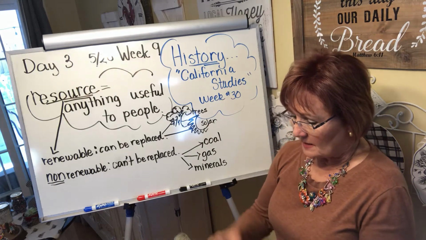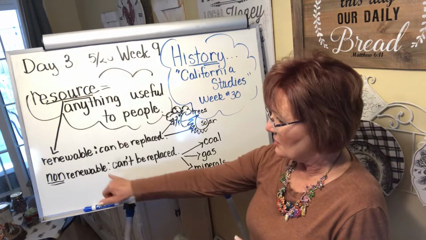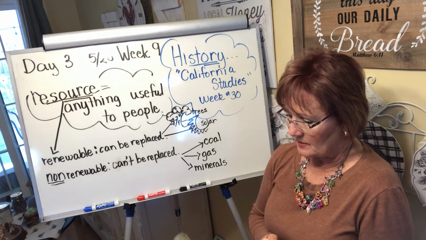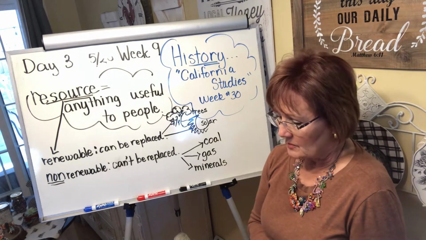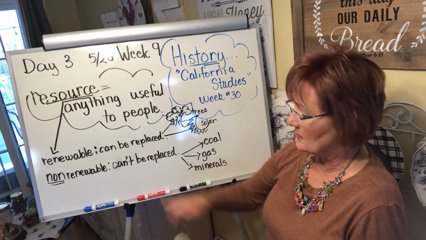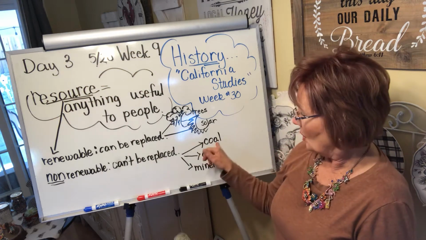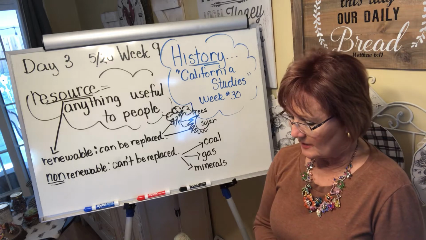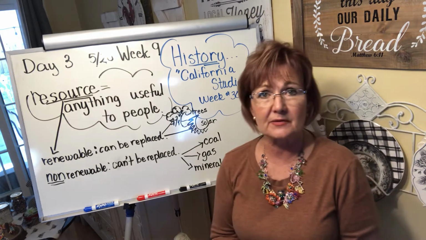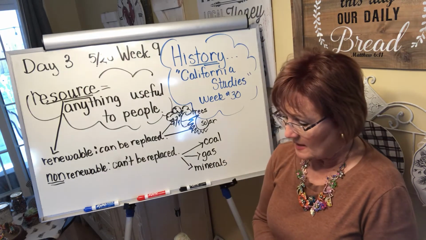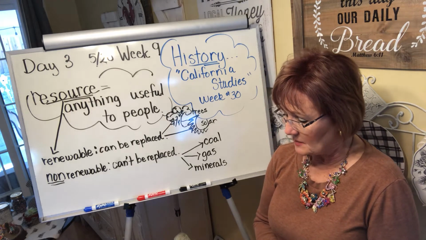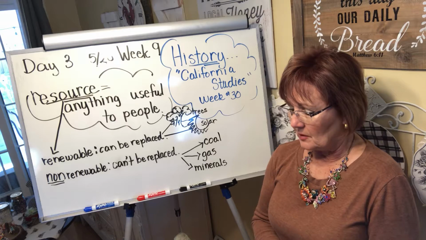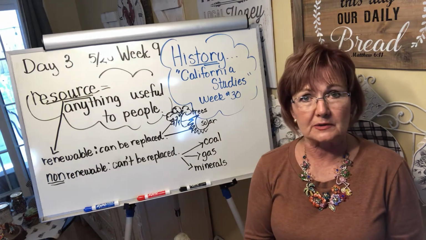Okay, then down below it talks about non-renewable resources. Those are resources that cannot be replaced. Coal, gas, minerals that are in the earth are some examples of non-renewable resources. Some non-renewable resources, called fossil fuels, are found deep within the earth, and people around the world use fossil fuels for energy.